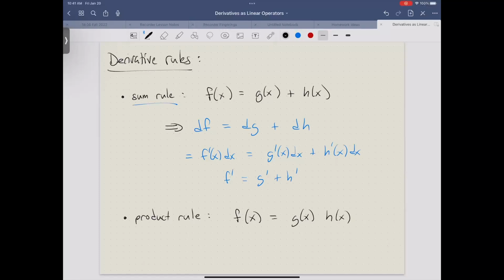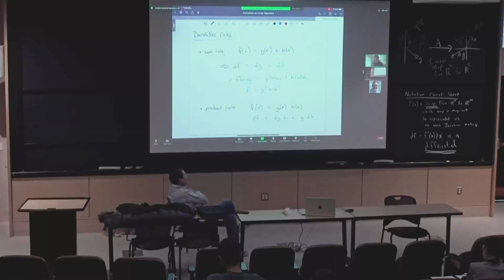Maybe I should do element-wise multiplication in a minute, but let me just do multiplication. And so then df is going to be dg times h plus g times dh. And I guess the point is, whenever gh makes sense, whether it's element-wise products or matrix multiply, then it will hold.